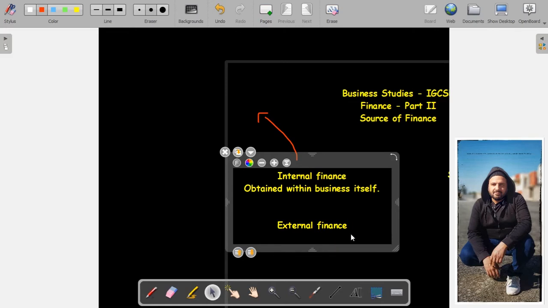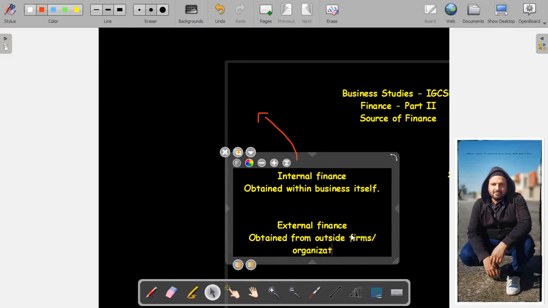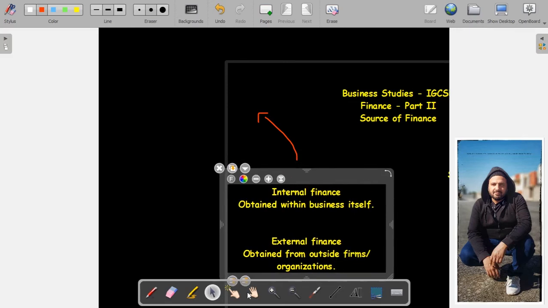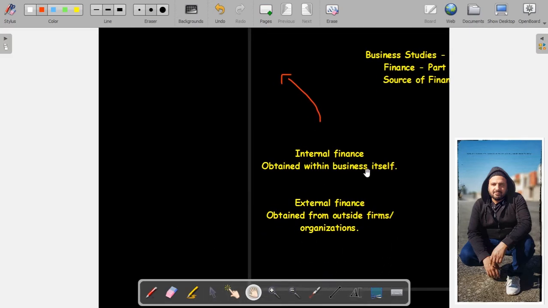As for external finance, it is obtained from outside sources, outside firms, or organizations. Just to distinguish the difference between both of them.